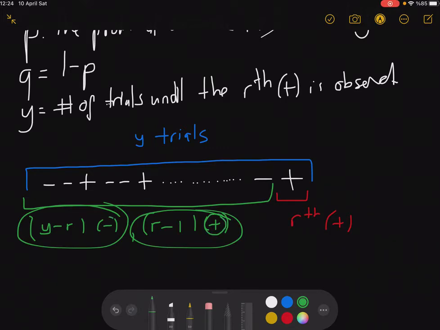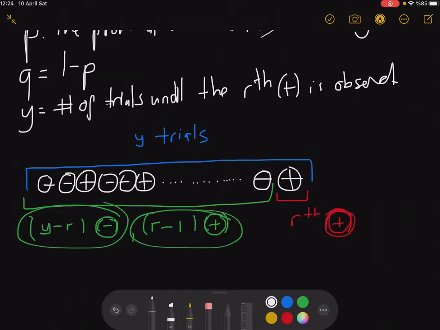Let me just write them like this so they will not confuse you. These are all trials we're talking about here.